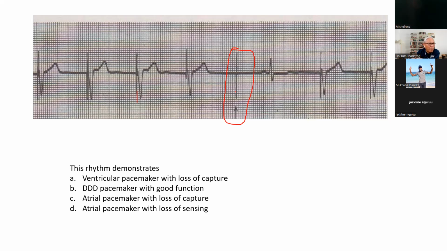So if it's a temporary pacemaker, we usually would increase the milliamperage. If it is a permanent pacemaker, then reprogramming of the pacemaker will be necessary to increase the amount of voltage that is going to be delivered to the ventricular musculature.